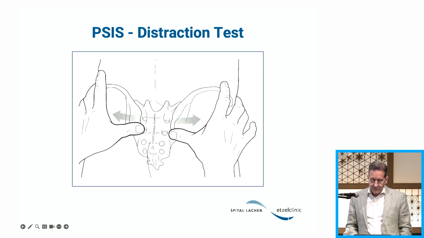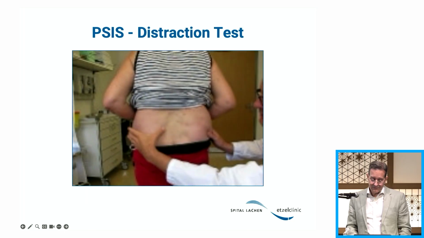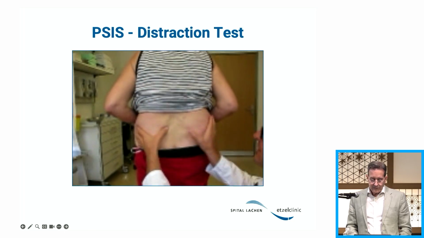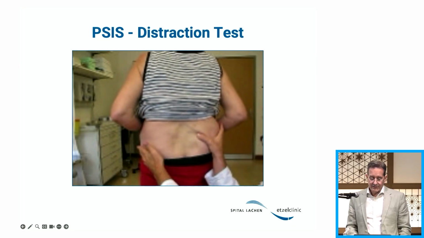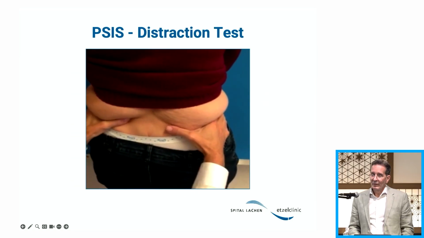And the videos I'm going to show you are vintage. They're from 2008, but I still like them. So you see negative on one side, positive on the other side, and that's a thing you cannot fake.